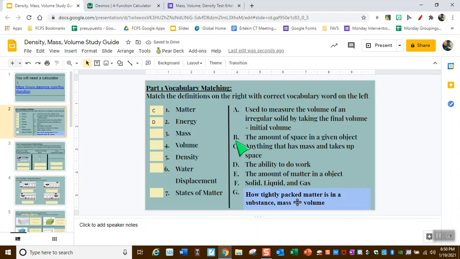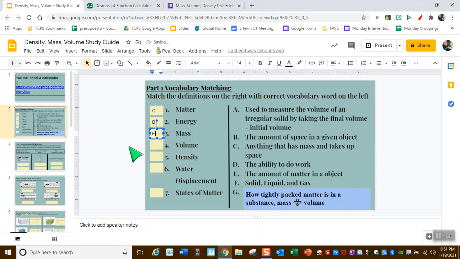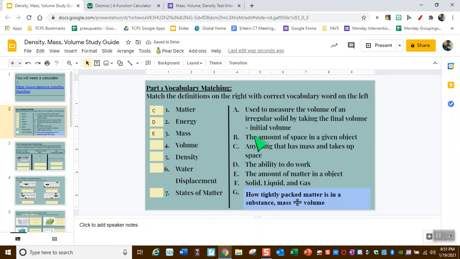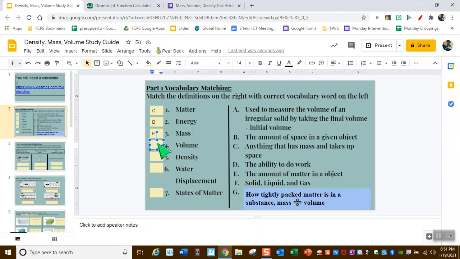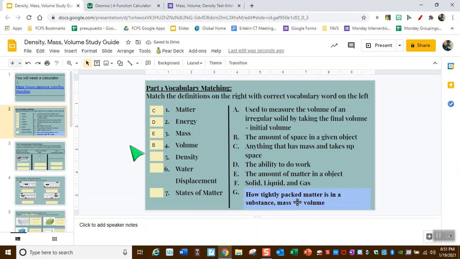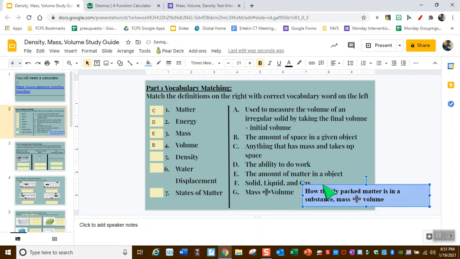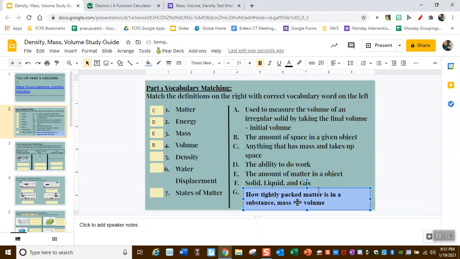Mass is the amount of matter in an object, or letter E. Volume is the amount of space in a given object, or how much space an object takes up. Density, we use the formula mass divided by volume, and density is how tightly packed matter is in a substance. So letter G is density.